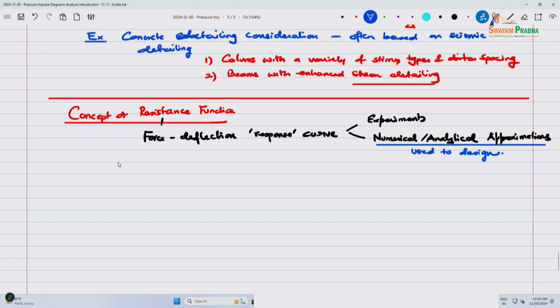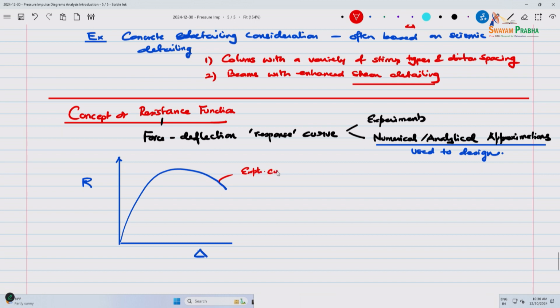So, for example, if you look at RC, this is R versus delta. If your numerical curve or your experimental curve looks something like this, then for SDOF purposes, using non-lin, you can break it down into, non-lin allows 3 different stiffnesses to be incorporated.